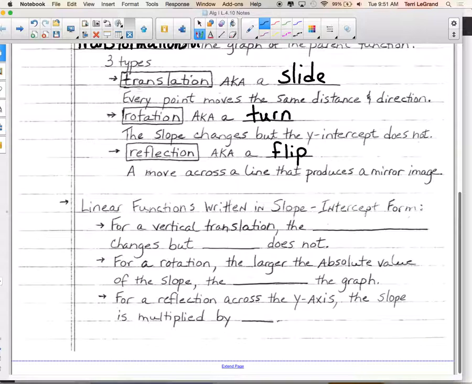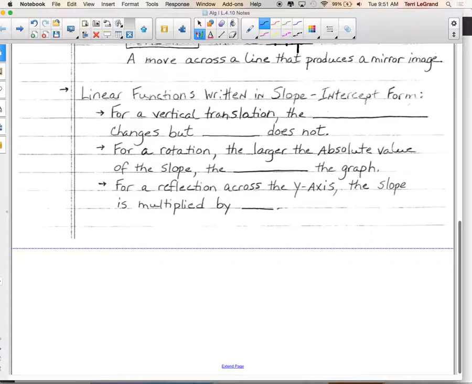Okay, let's explore a little bit more what actually makes those things happen. So, for a vertical translation, what do you think changes and what does not? Think of it as a slide up or a slide down. What would change? The x-intercept? No. Remember our learning goal says, describe how changing the slope and or the y-intercept affect the graph.